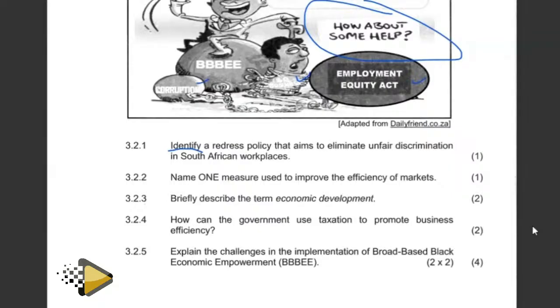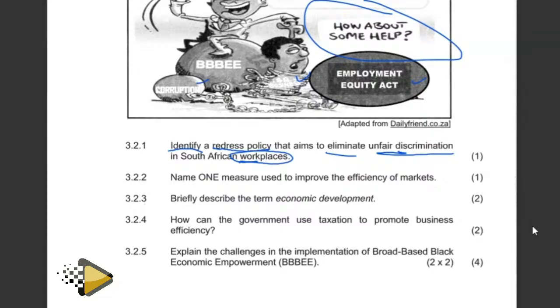So now, if you still remember, grade 12, the moment we talk of elimination, unfair discrimination, and the workplace, these are the key concepts that you should always take into account, as well as the redress policy taken into consideration. Okay, right.